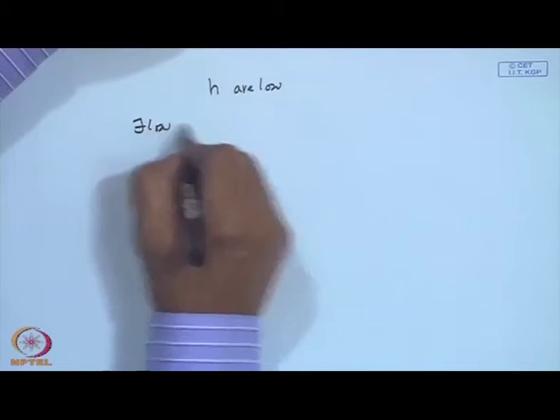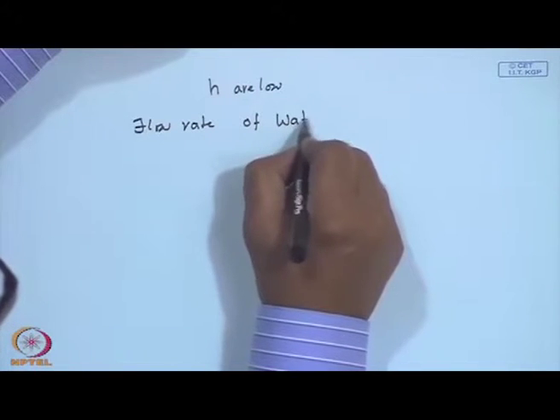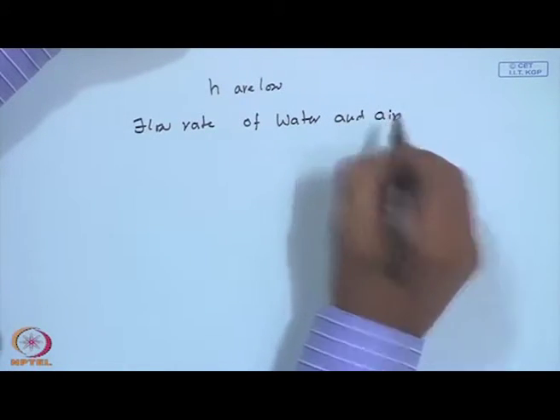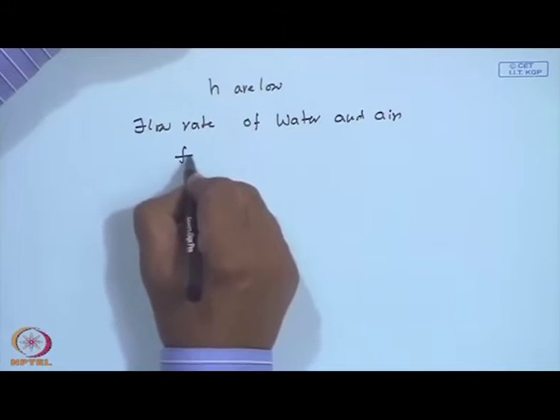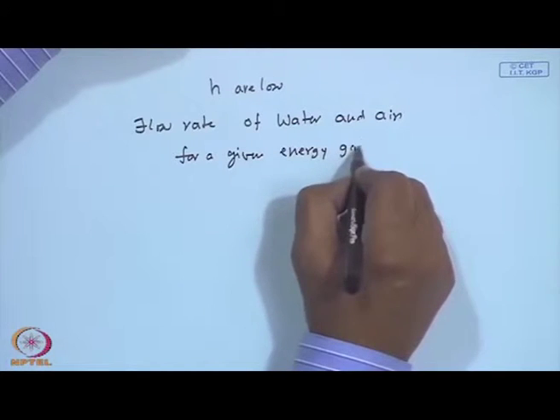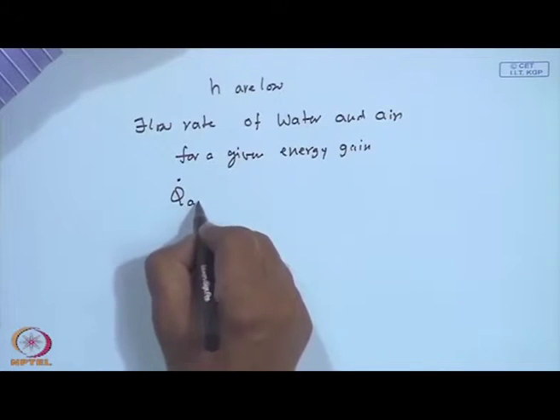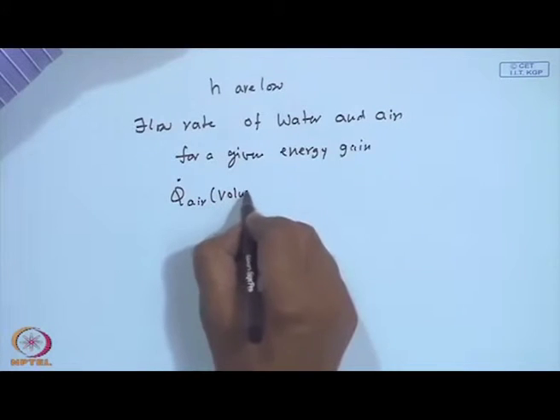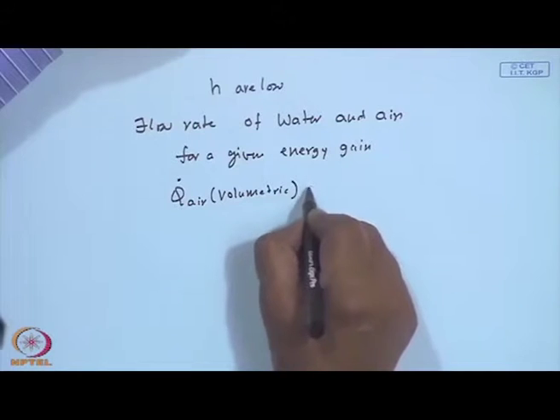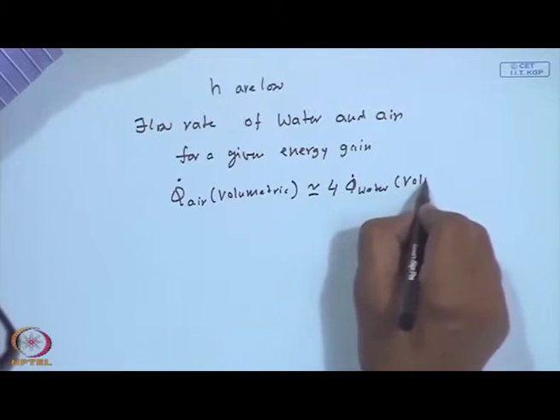And if you consider the flow rate of, let us say, water and air for a given energy gain, at least approximately, Q dot air volumetric will be approximately 4 times Q dot water volumetric times 1000.